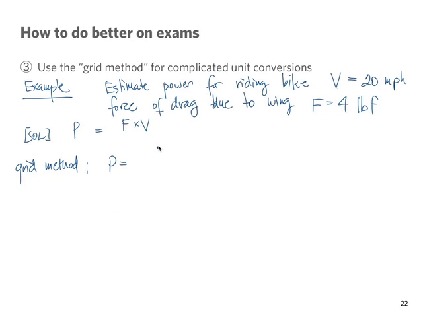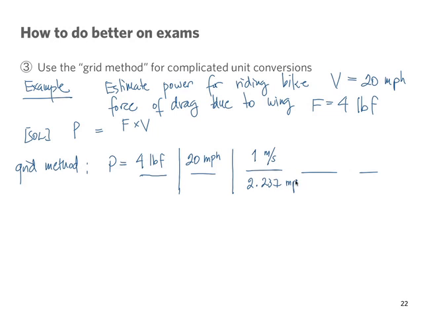P is equal to 4 pounds force times 20 miles per hour, and I use now the conversion between miles per hour and meters per second. So I write 1 meter per second is equal to 2.237 miles per hour.